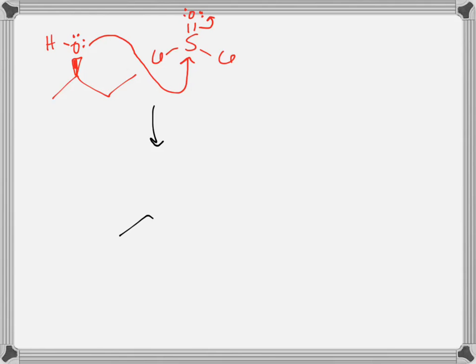We draw out our structure. We've got our wedged oxygen. Got our sulfur. There's our chloride. Our negative oxygen and our other chloride.